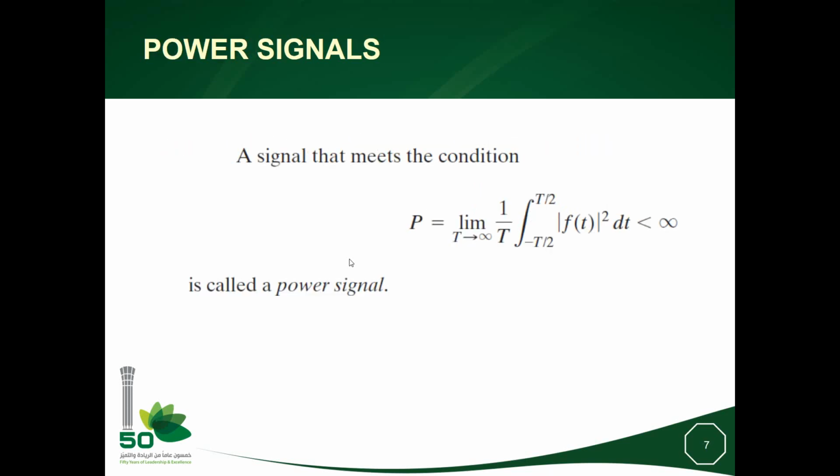However, if a signal f(t) satisfies these new conditions, which is the integral over a period of time, so this is 1 over T times the integral over a period of time of the absolute value of f(t) squared dt, and if the limit of this quantity is less than infinity, we can say that the signal f(t) is a power signal.